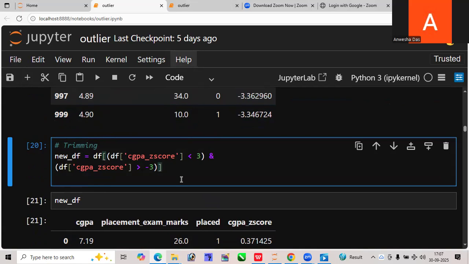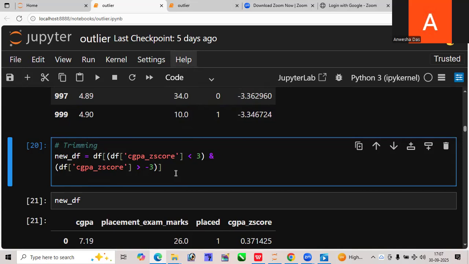things. One thing, I can simply remove the outliers. And the other thing, we can keep them. So here I have simply removed my outliers, keeping only the data which is less than 3 and greater than -3.